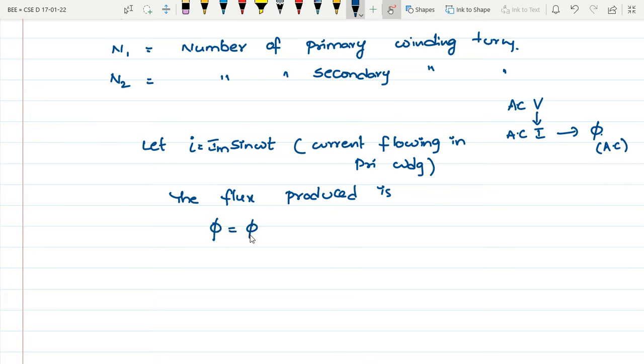So what will the flux equation be? It is phi is equal to phi m sin omega t. This is the equation for the flux produced in the primary winding. Here phi m is nothing but the maximum value of the flux, just as Im is the maximum value of current.